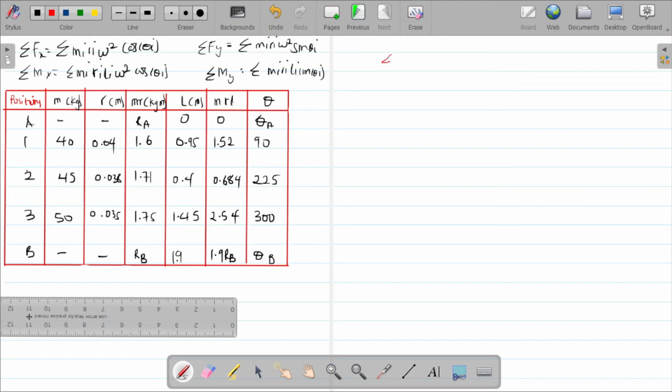So first, the sum of moments in the x direction is equal to what? 0, if the system is balanced.